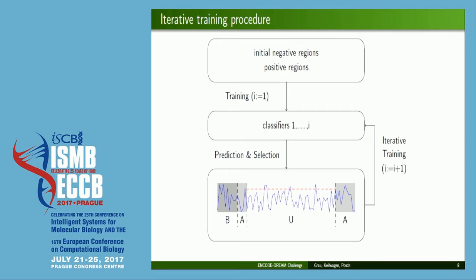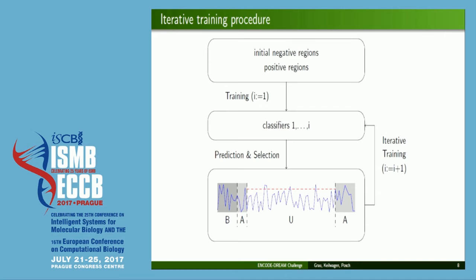And then we used that classifier to make predictions on our training cell type. And for the training cell type, we know which regions are labeled to be bound, which regions are labeled to be not bound, and which are labeled to be ambiguous.